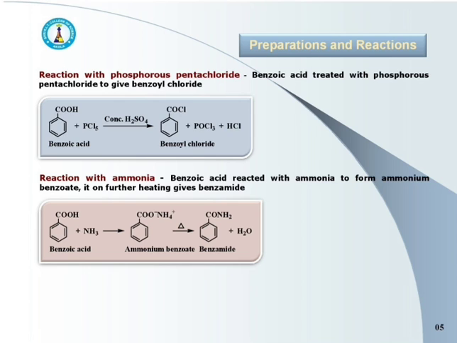Just see the reaction. Benzoic acid, when treated with ammonia NH3, forms the salt of benzoic acid, that is, ammonium benzoate. On heating, it loses a water molecule and forms benzamide.